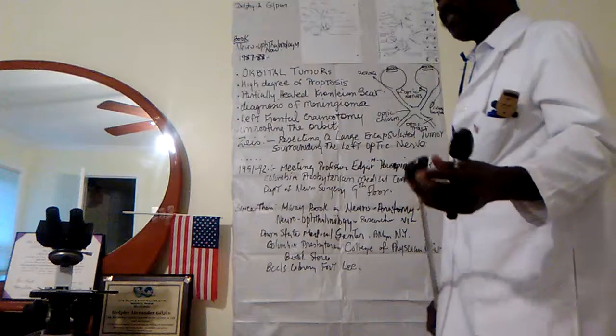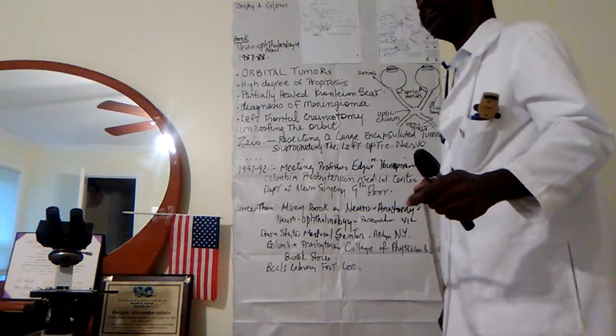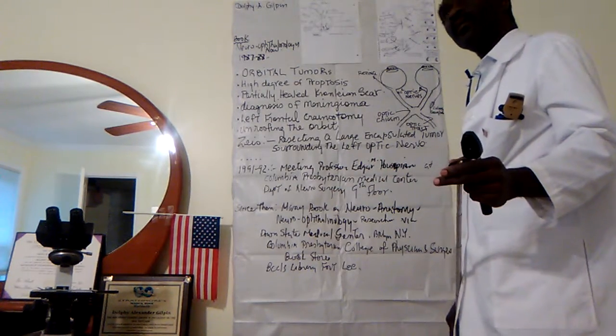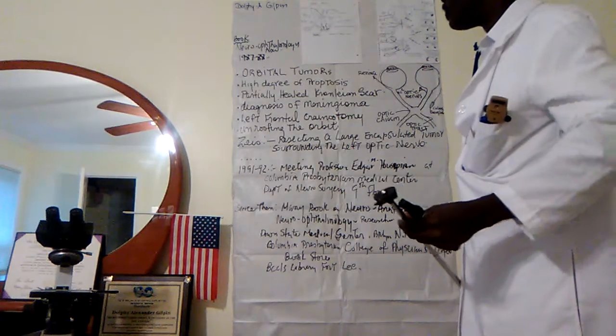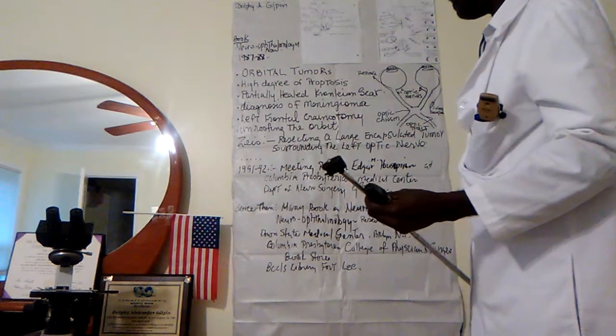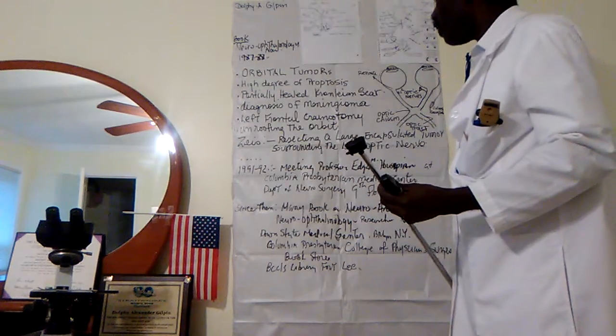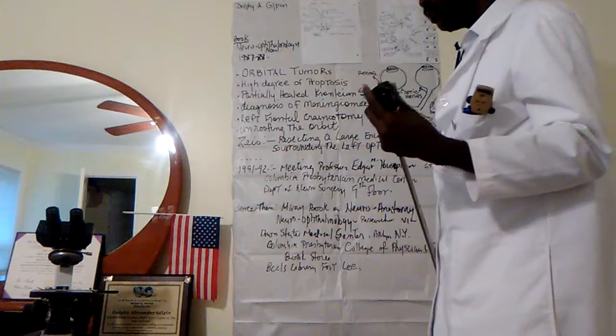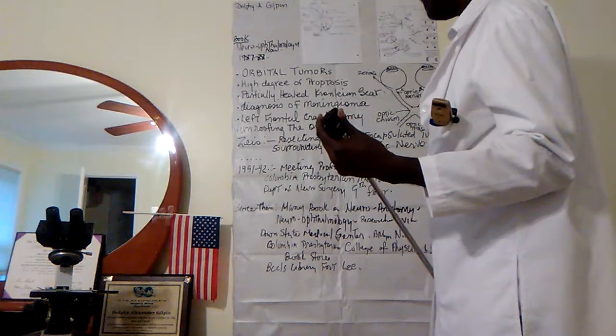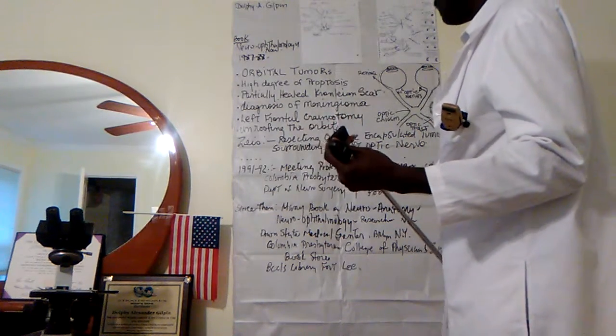Now, it has been several years since I began researching orbital tumors. And the very first book I bought was NeuroOphthalmology Now by J. Lawton Smith, MD.